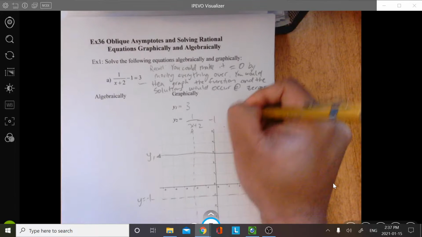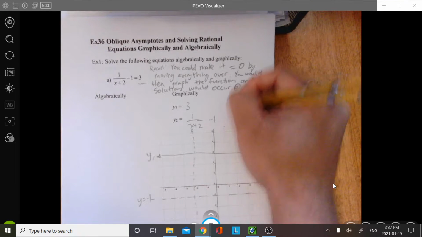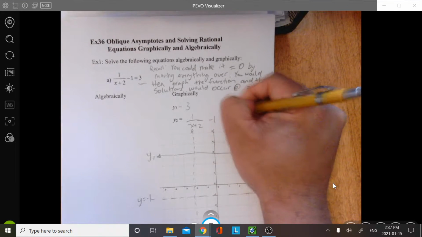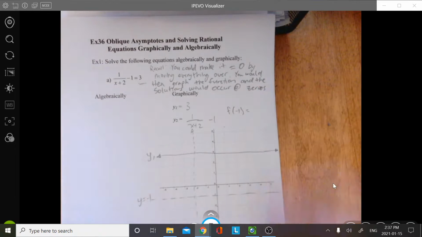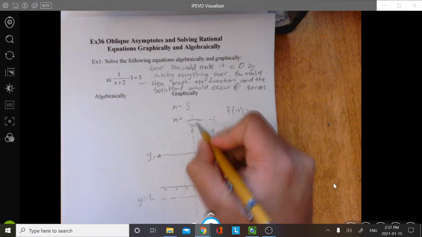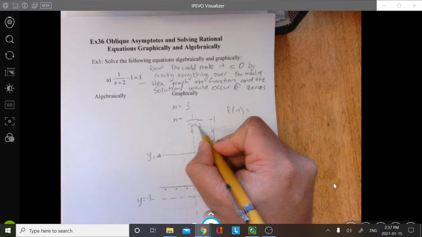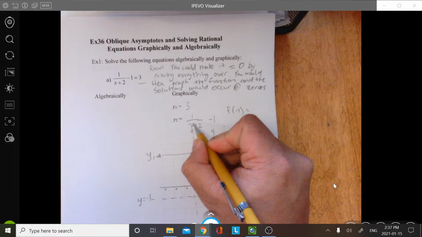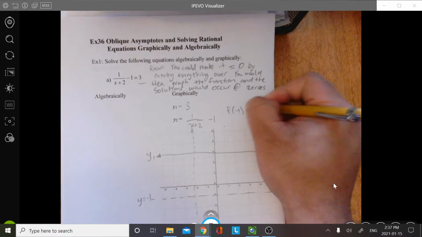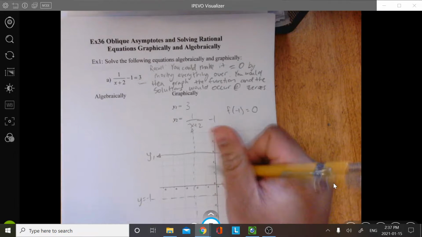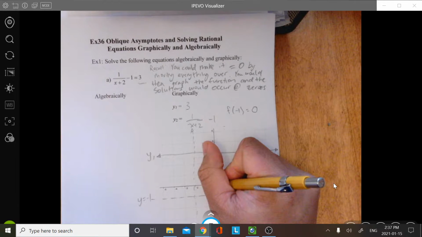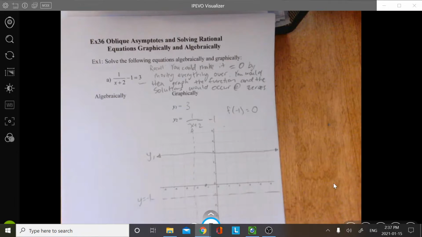So let's test f of -1. f of negative 1 inside here would be 1 divided by negative 1 plus 2, which is 1. So you get 1 over 1 minus 1, which is 0. So we actually found one of the zeros here at negative 1, 0.